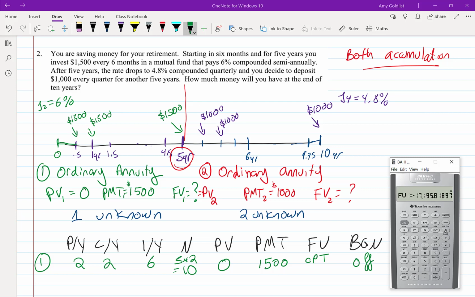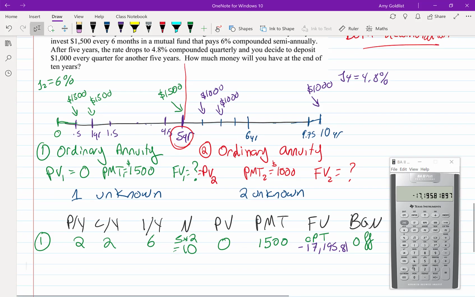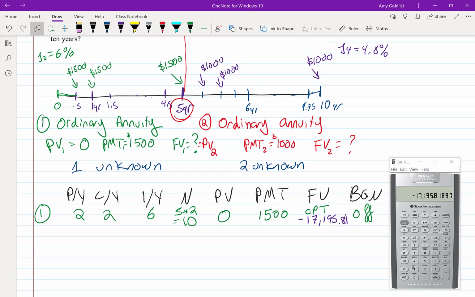So $17,000-ish. I'm going to write that right in. I'm going to store this because I might need it for later. I don't know. Well, I personally do, but you wouldn't know. It's always good to store those intermediate values. Now let's start setting up annuity number 2.